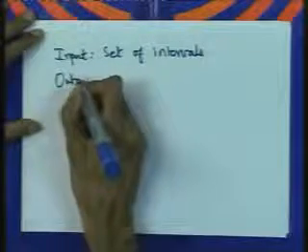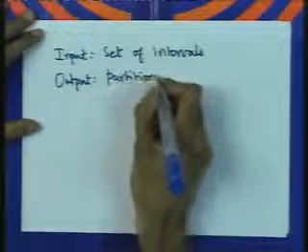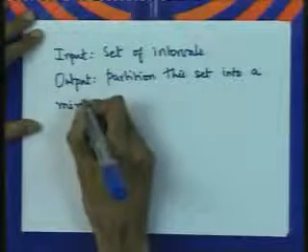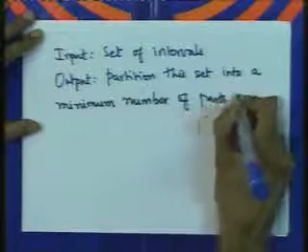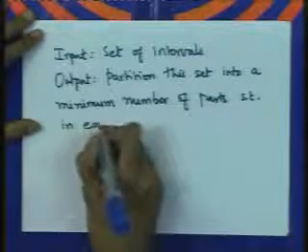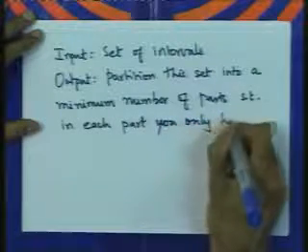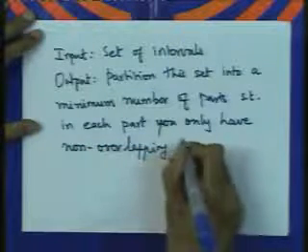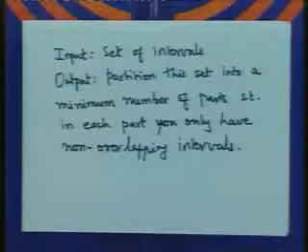The output is to partition this set into a minimum number of parts such that in each part you only have non-overlapping intervals. So this is similar, the input is similar.